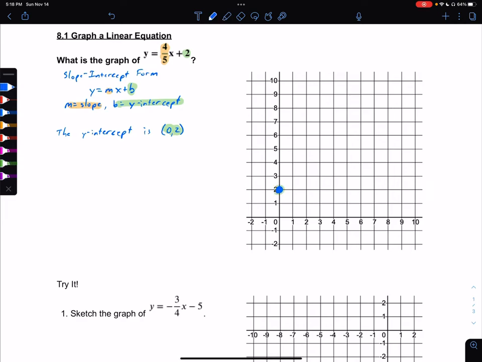Once I've graphed the y-intercept, I then want to look at the slope. So remember, m is your slope. The slope has a vertical change and a horizontal change.